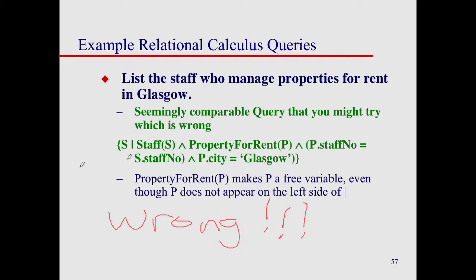So you could be tempted to say, okay, I'm going to write it just like I would write a join in SQL. So you would say, select S from staff, natural join, property for rent. So S and property for rent would be the two tuple variables from your from statement, and P dot staff number is equal to S dot staff number, and P dot city equals Glasgow.